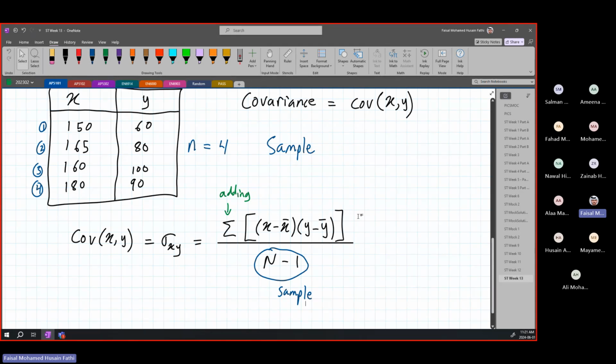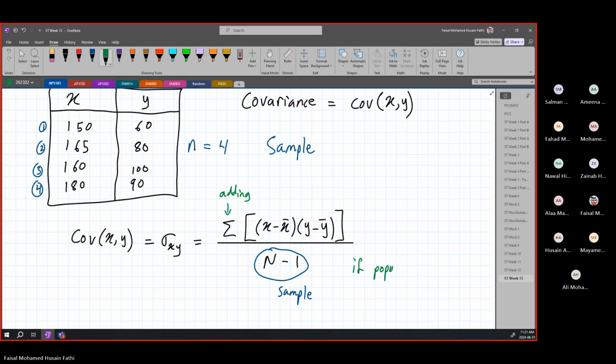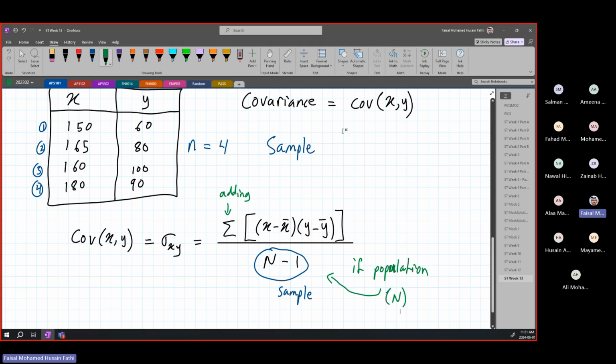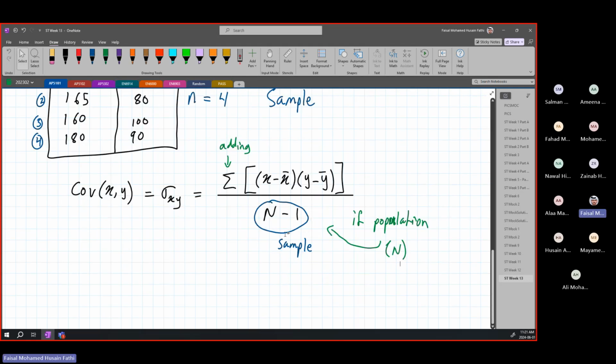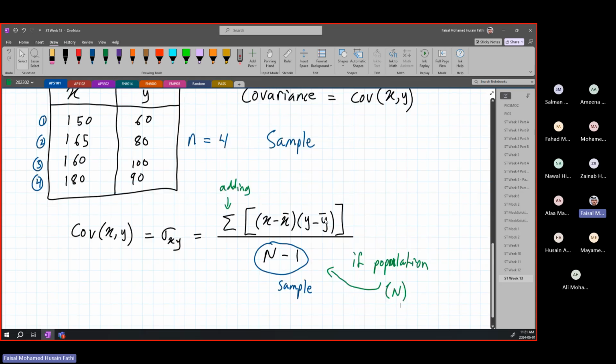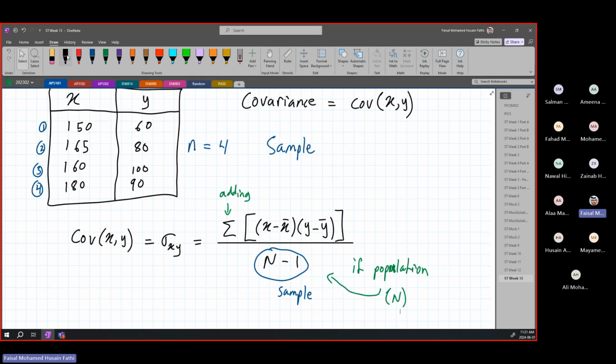If we had population, this would be n. That's the only difference. So you see, it is a very simple equation. What do we have here? We have our x value, which we already have.